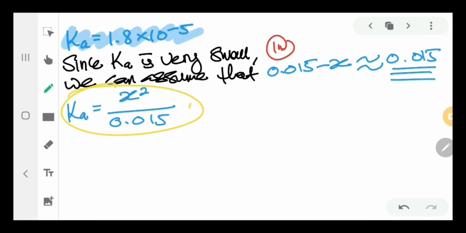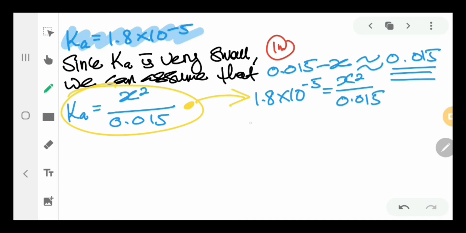Okay, so to solve this, Ka, 1.8 times 10 to the power of negative 5, equals x squared over 0.015. So now your x squared would be 2.7 times 10 to the power of negative 7.